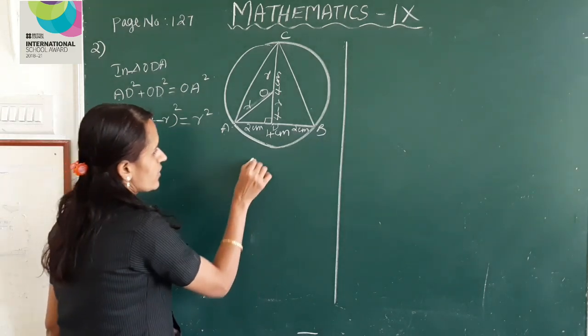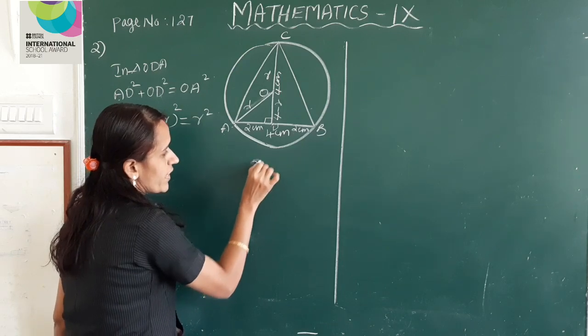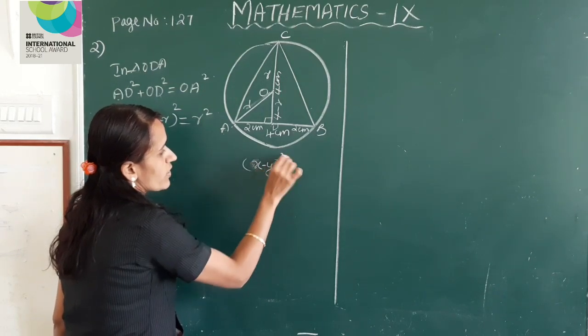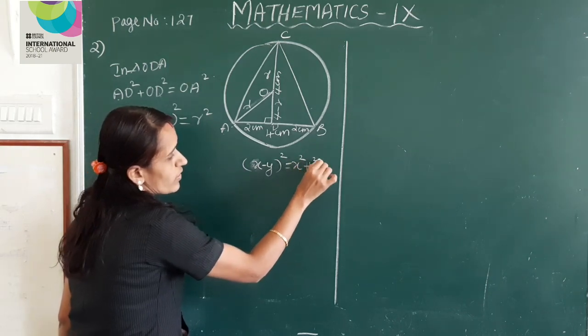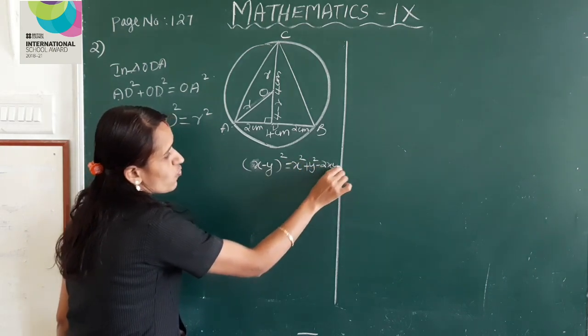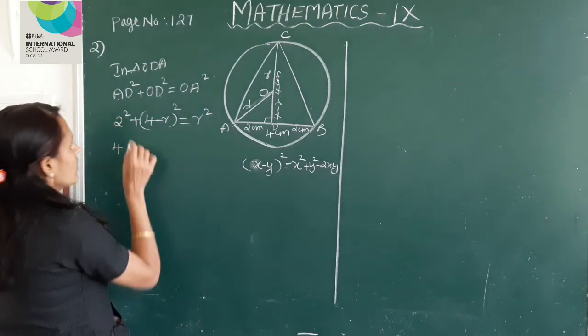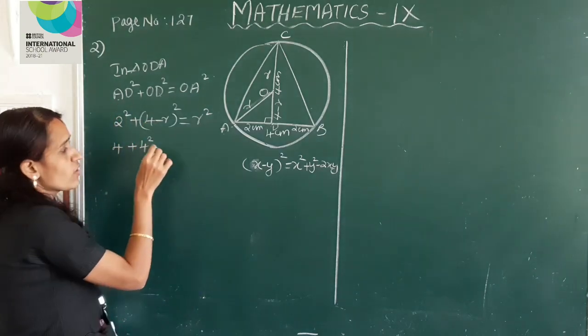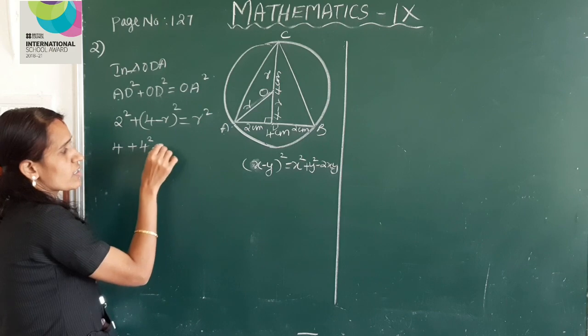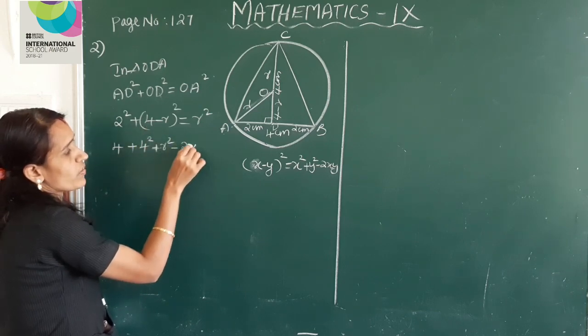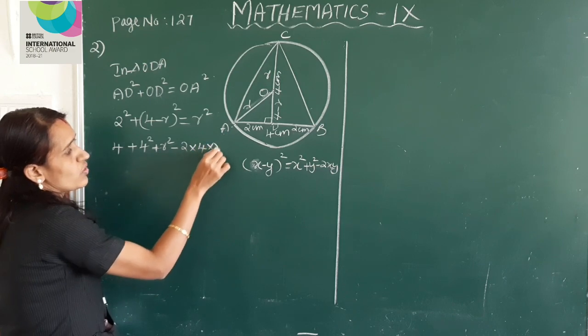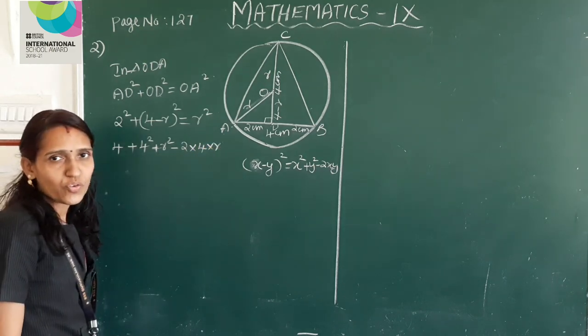Here using the identity (x minus y) whole square is equal to x square plus y square minus 2xy. Here x is 4, so 4 square plus r square minus 2 into x into y, that is 2 into 4 into r.